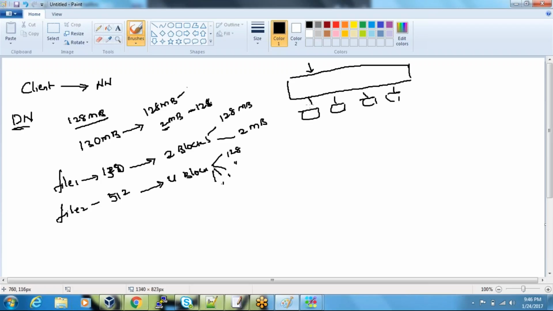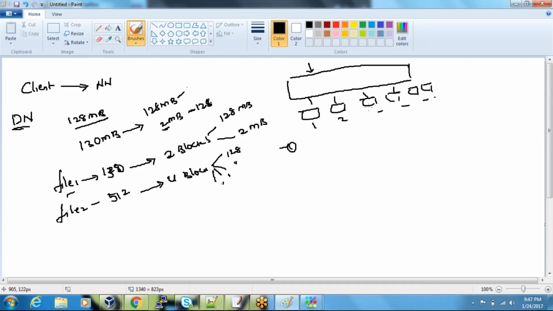Right now, there are multiple scenarios we need to discuss. First, file one may be stored in machine one and machine two. Let's assume I have four more machines here. Now file 2 might be stored on these machines. It's possible, right?